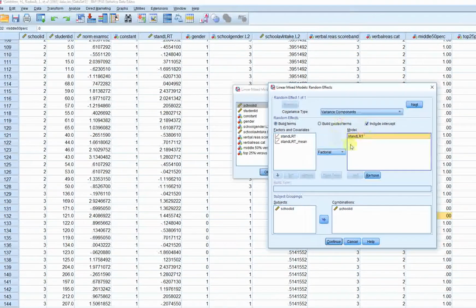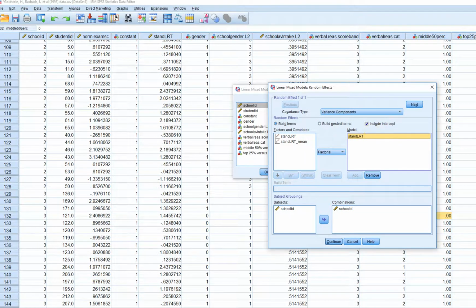So the slopes become essentially a level 2 outcome variable in the model. At this point we're only going to be modeling variation in the slopes, and then later on, if this is statistically significant, we will unpack that and see if we can model predictors of that variation.